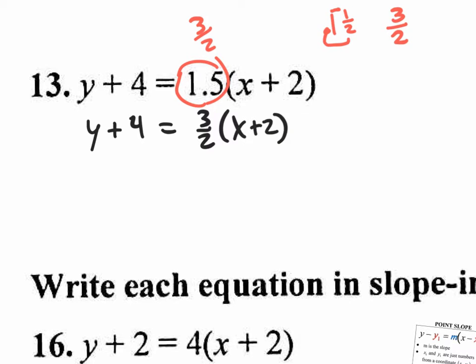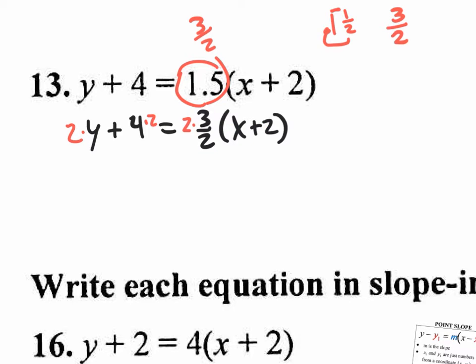It's still in point slope form. Now they want us to do standard form, which means we don't want decimals or fractions, and I could get rid of fractions by multiplying everything by the denominator 2. Now when I say everything, I mean the y times 2, the 4 times 2, and even the 3/2 times 2, but not the inside of the parentheses. You're not going to multiply this by 2 or that by 2.